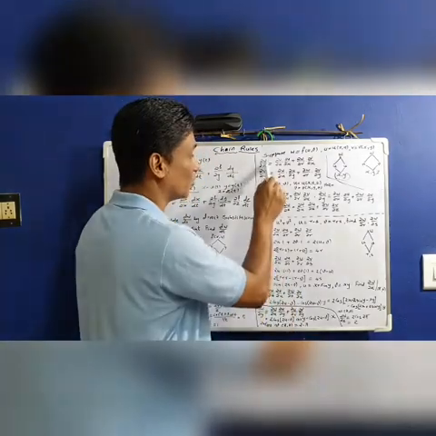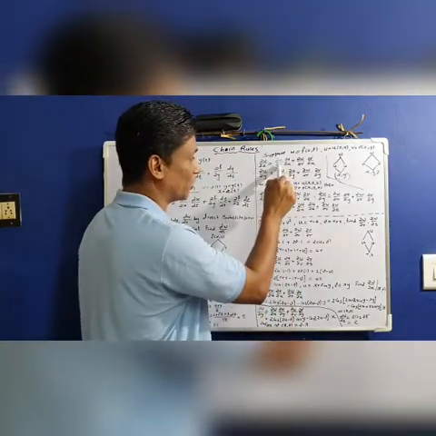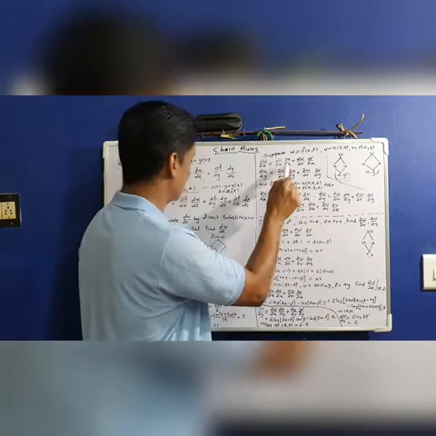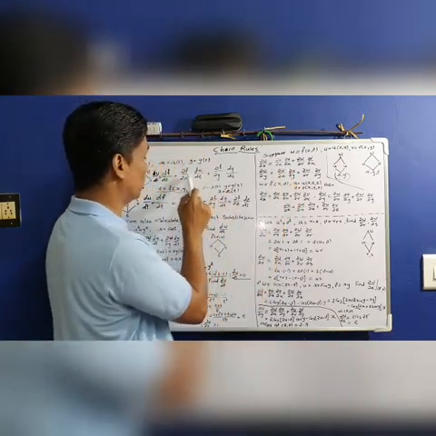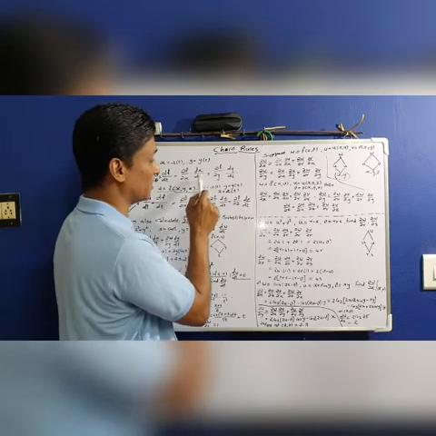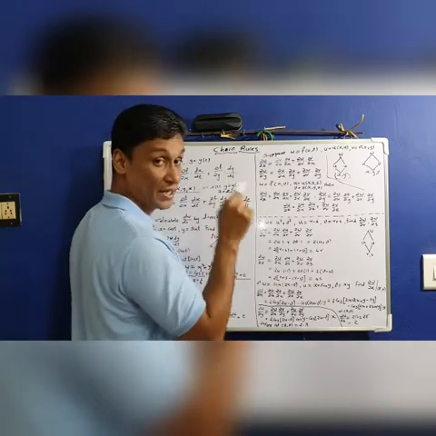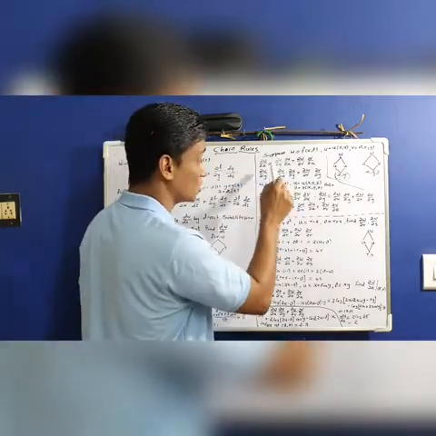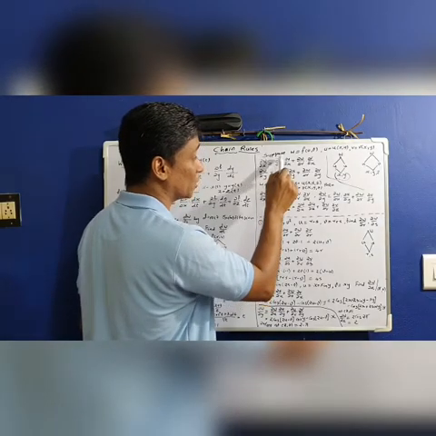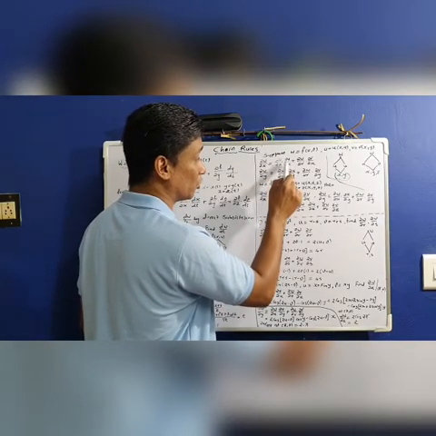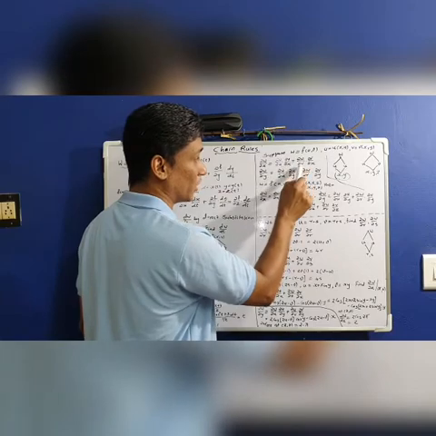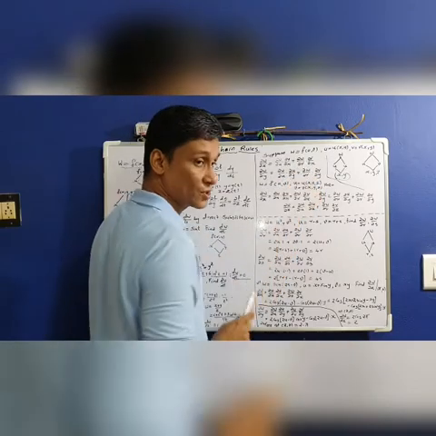You can compare with ∂f/∂x into dx/dt; dx/dt changes to ∂/∂x. So ∂w/∂x equals ∂w/∂u into ∂u/∂x plus ∂w/∂v into ∂v/∂x.